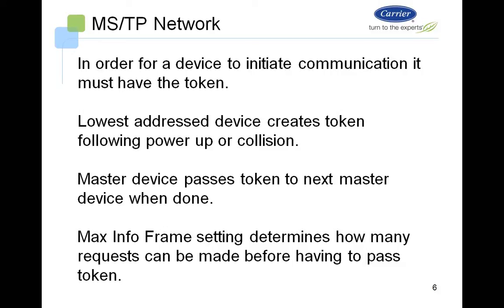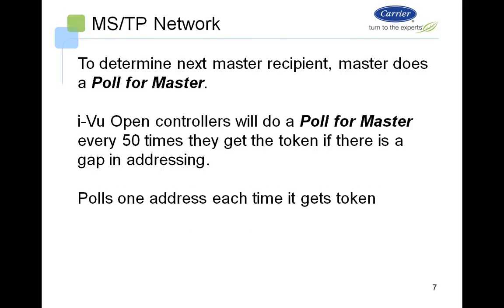To determine the next master recipient, a master device will do something called poll for master. Every 50 times the controller gets the token in an open system, it will initiate a poll for master, where it checks the addresses between itself and the next master in the list to see if there's a new master that has come on the bus since the last time it checked.